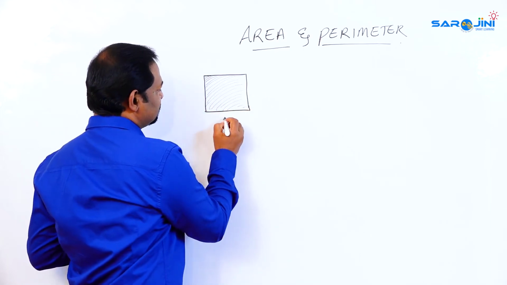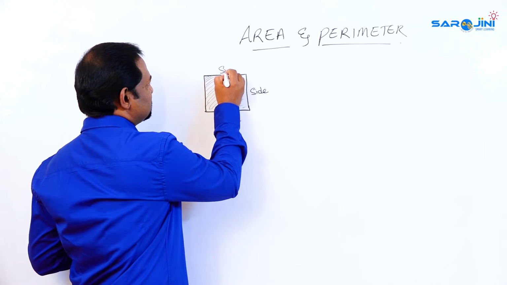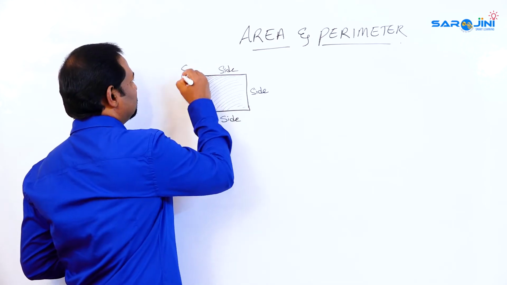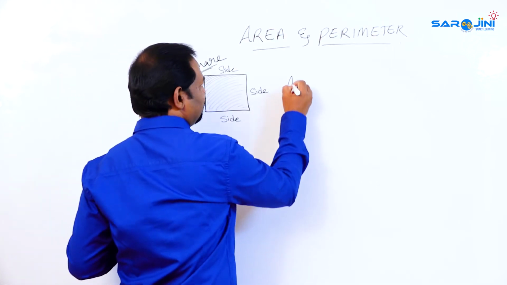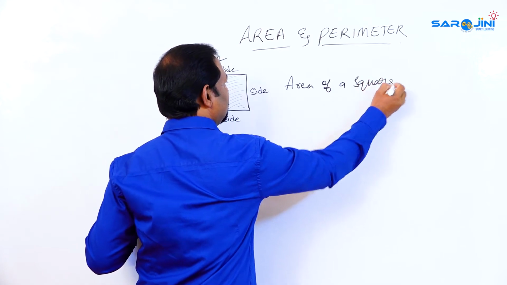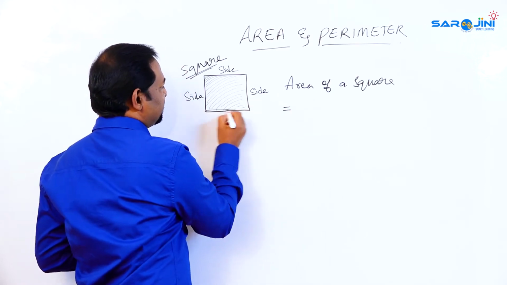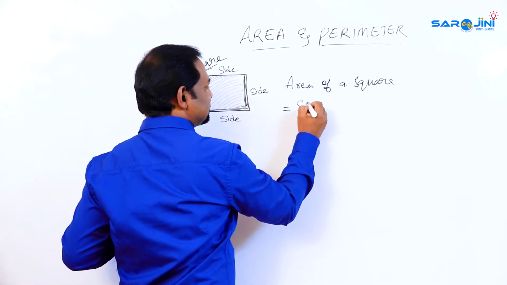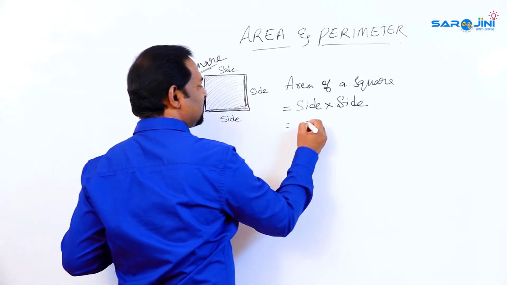Here this is a side, this is also a side. All four sides are equal in a square. If you want to find the area of a square, it is the measurement of this part multiplied with the measurement of this part, that is side into side, or we can call it side square.